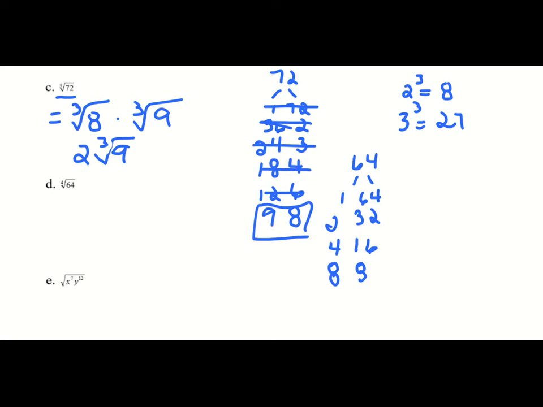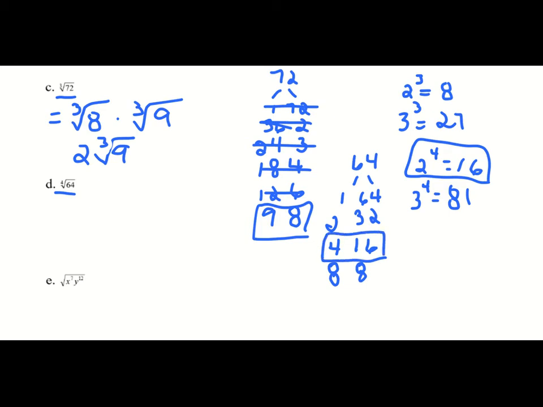Now we need 4th roots here. So again, I'm going to start with 2 to the 4th power, which I know is 16. 3 to the 4th power is 81, so I know that's going to be too big. But in my 64, I do have a 16. We have 4 times 16.